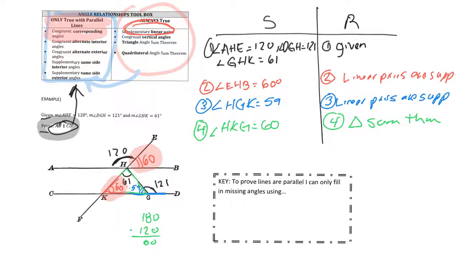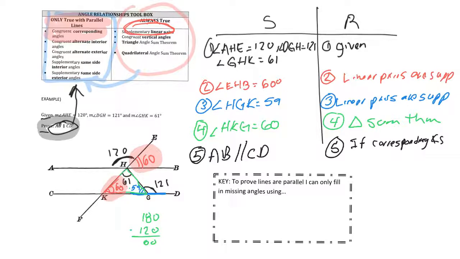So now I'm done and I proved my lines are parallel. So step 5, AB is parallel to CD. And my reason is, if corresponding angles are congruent, then two lines cut by a transversal are parallel.